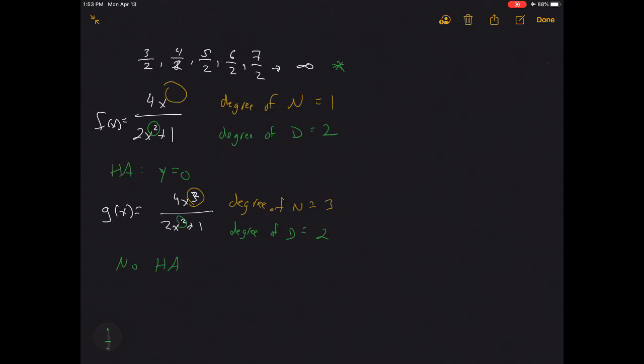Okay, then there's one more example we're going to do. We're going to call this one h of x. And this is going to be 4x squared over 2x squared plus 1.